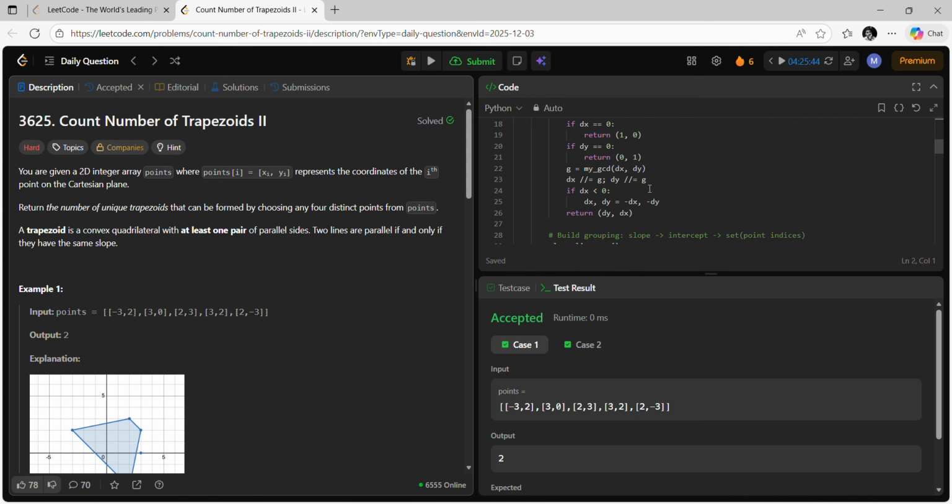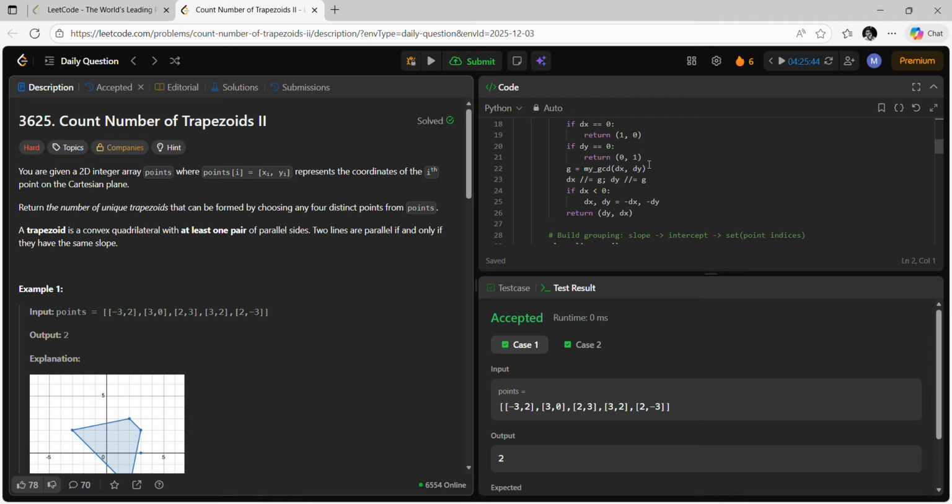This makes direction comparisons robust and integer-based, with no floats. Also, an edge case: vertical lines are (1, 0) and horizontal lines are (0, 1). For normalization, we flip the sign if dx is negative to enforce a consistent orientation.